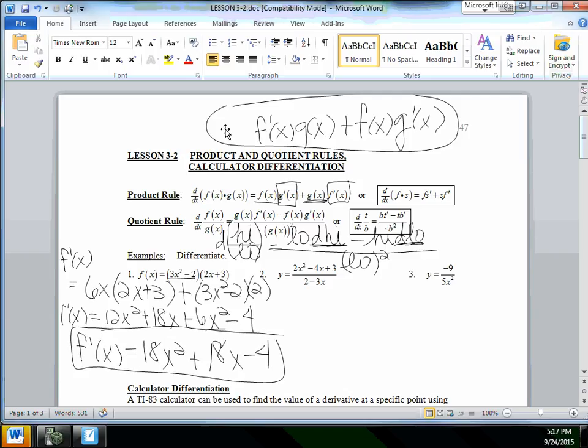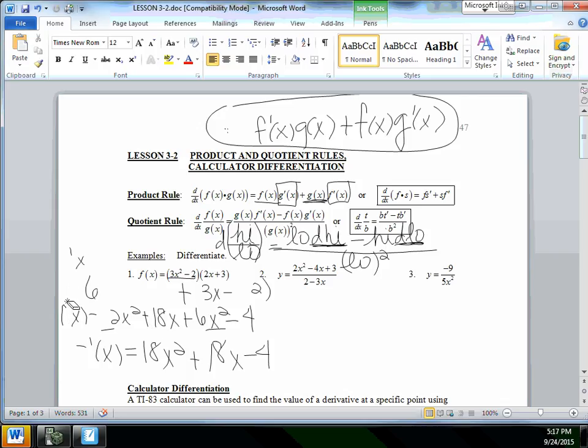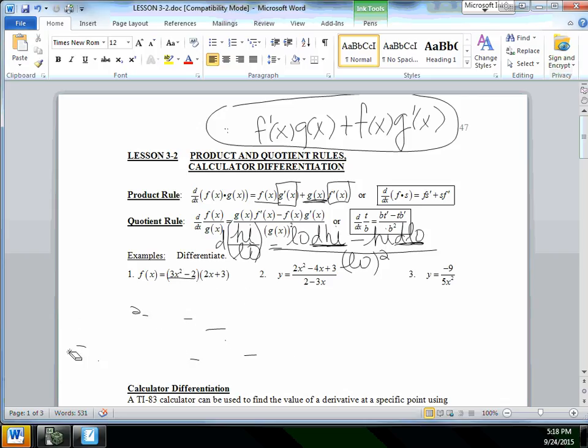Example number 2. So I can see that this is a fraction. So therefore, I'm going to have to use the quotient rule. So we need to do our low d high. Okay, so here we go, low. So that means I leave it. I'm going to write y prime equals 2 minus 3x.